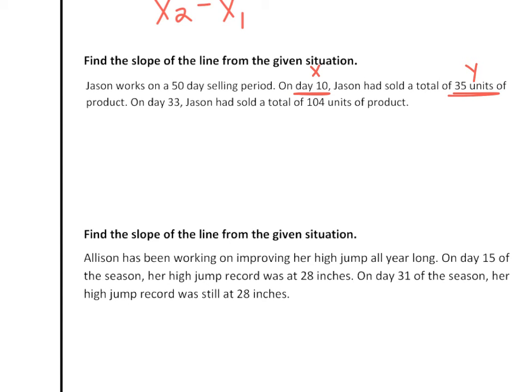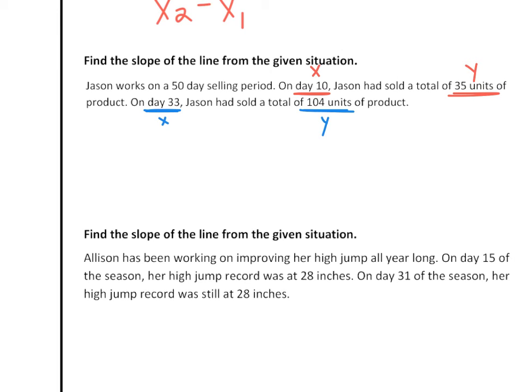On day 33, Jason sold a total of 104 units. X, Y. And so we're totaling up every day. So it's not that he's selling 104 things in one day. It's that in those 23 days in between, he gained quite a few.